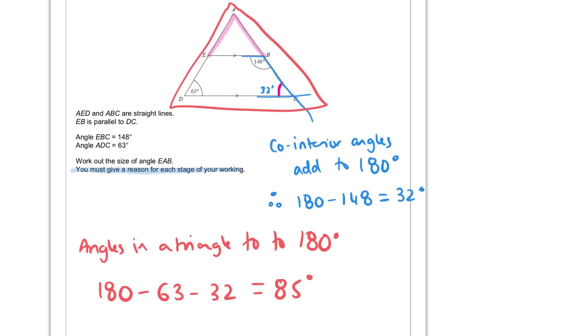It's 85 degrees. Okay, so you get 1 mark for saying co-interior. You get 1 mark for then working it out. Then you get 1 mark for saying 85, and then 1 mark for angles in a triangle.